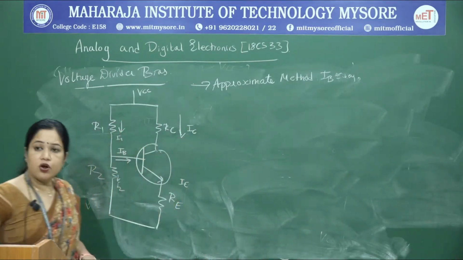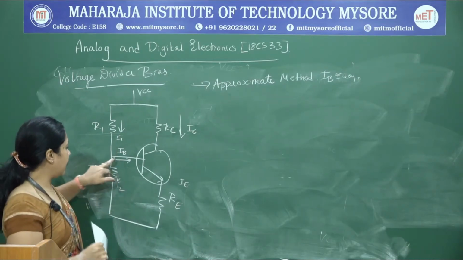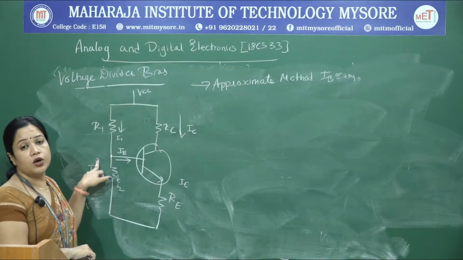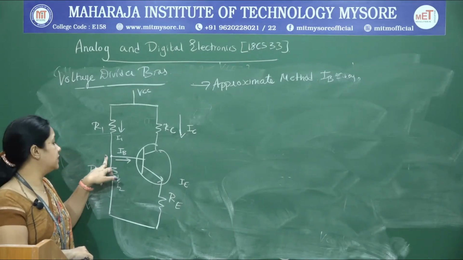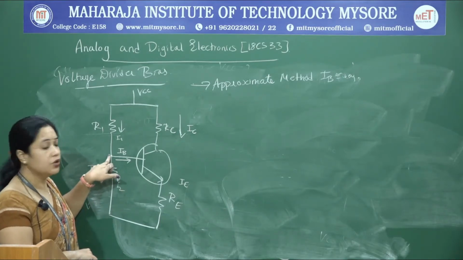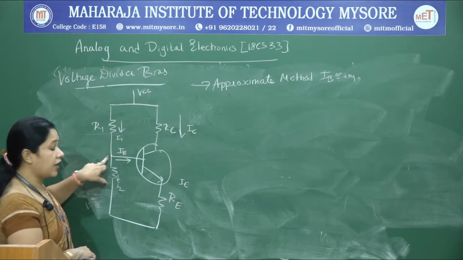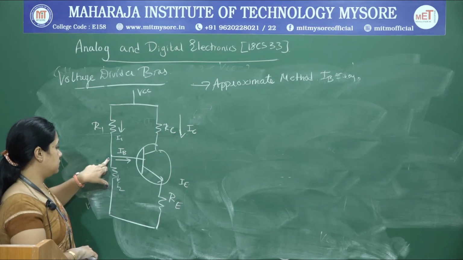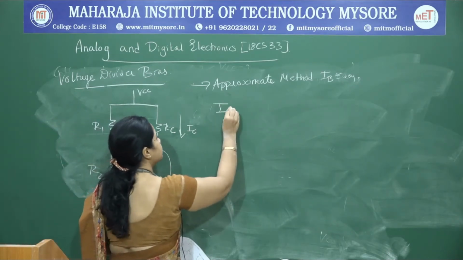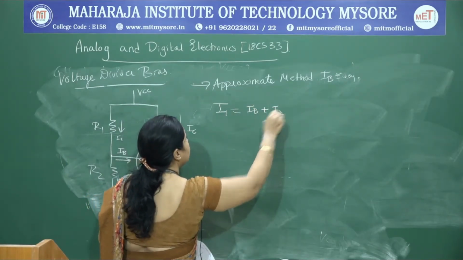As I said, in the approximate method, we make use of an approximation, and if you apply KCL, Kirchhoff's current law, to this junction, what does Kirchhoff's current law state? It states that the algebraic sum of currents meeting at a point is 0. So I1 is entering. If you apply KCL at this point, it happens to be I1 is equal to IB plus I2.